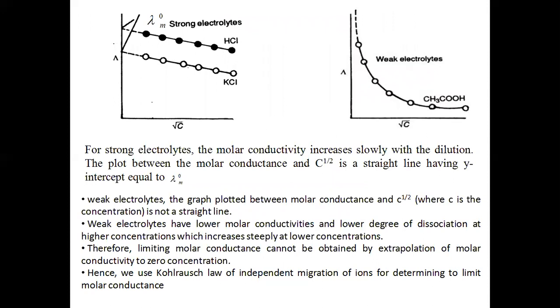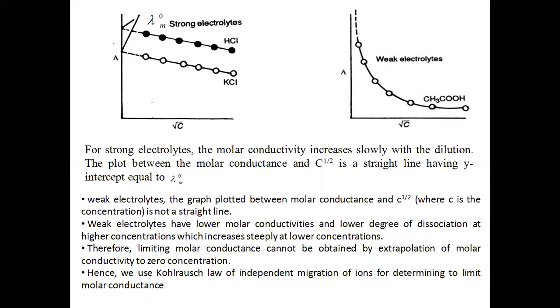The molar conductance increases upon dilution. For a strong electrolyte, lambda m0 can be determined by the extrapolation method. Solutions of different concentrations are prepared, the conductance is measured, and it is plotted against the square root of C. For example, here are two strong electrolytes: HCl and KCl.